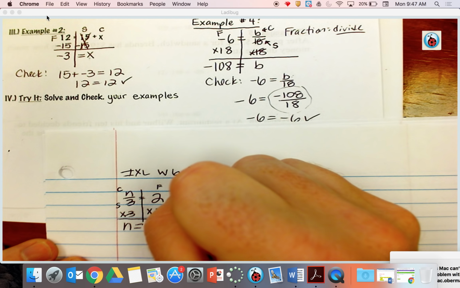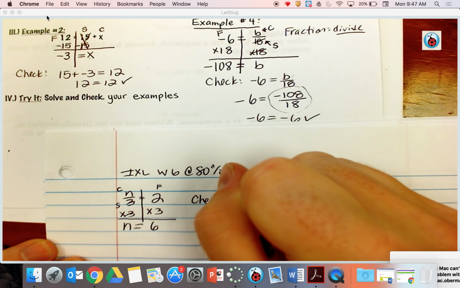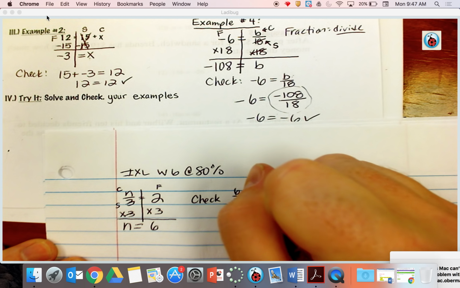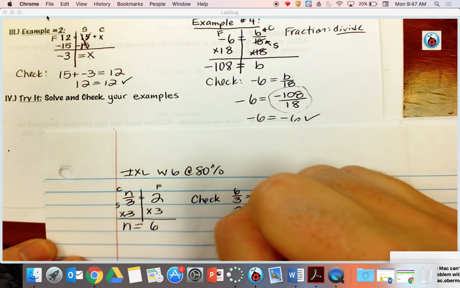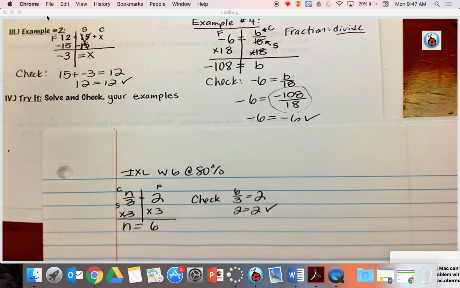Then check it. 6 divided by 3 should equal 2, and it's good, and I'm good to go. Put it into my next one, and I'm ready to go. Showing your work and practicing these will get you the steps that you need. Make sure you label your finish for what it equals. The start is just the number. The change is always the variable. Best of luck.